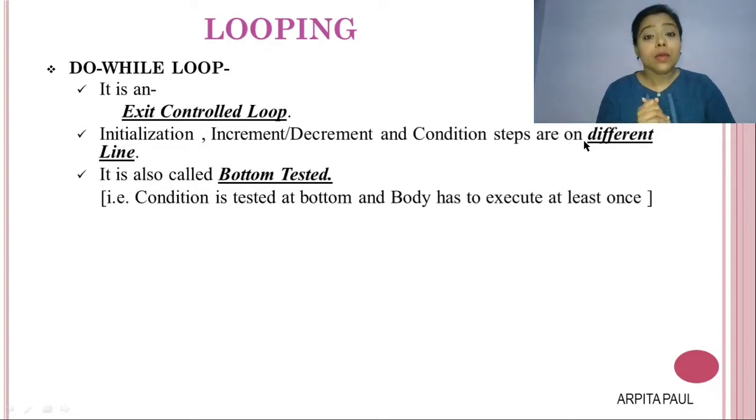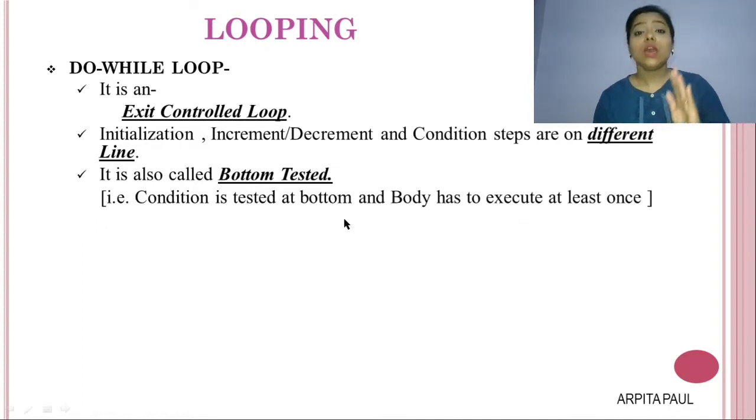But the difference is while loop is called entry control loop and do while loop is called exit control loop. It is also called bottom tested loop. Why is it called bottom tested or exit control loop? You can see here on the screen, condition is tested at the bottom and the body has to execute at least once.